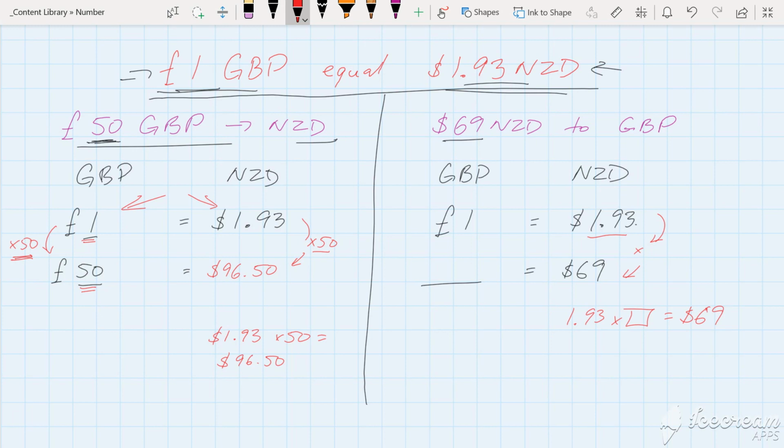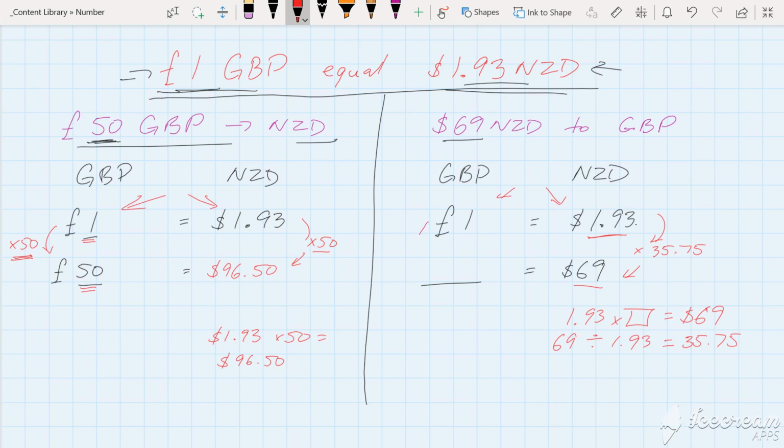So in order to do this, I'm going to go 69 divided by 1.93, and 69 divided by 1.93 tells me that I need to multiply by 35.75. So to get from $1.93, I need to multiply by 35.75 to get 69. So what I've done to this side of the equation, I now need to do to this side of the equation.